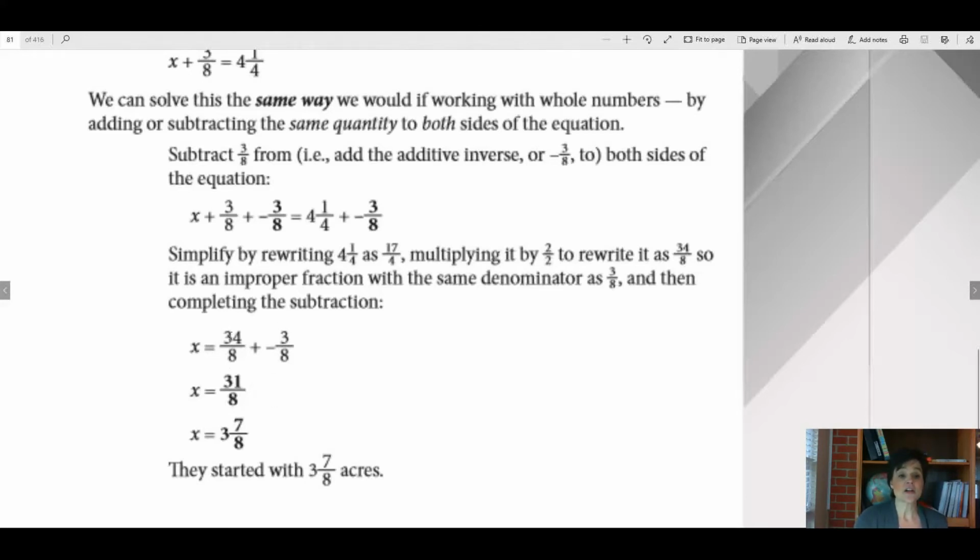Okay, so basically you're going to say 34 plus negative 3 gives you 31/8. And then when you take this and simplify it down, you just divide it. You get 3 7/8 because 8 goes into 31 3 whole times with 7/8 left over. So they started with 3 7/8 acre.